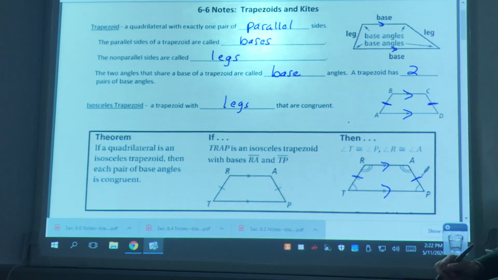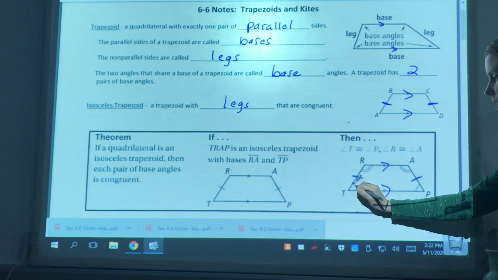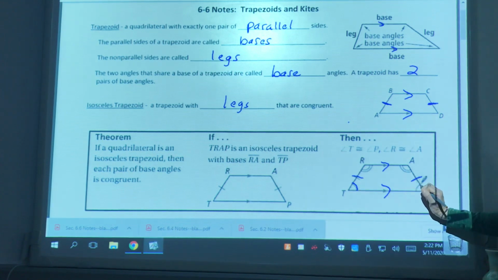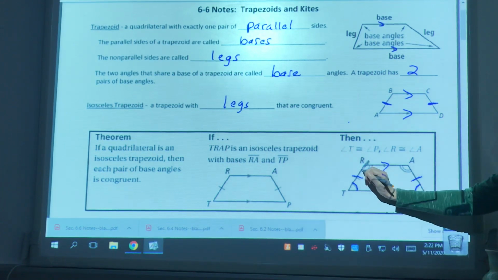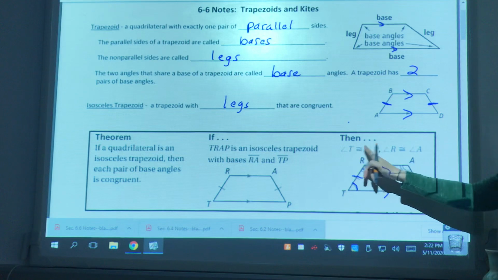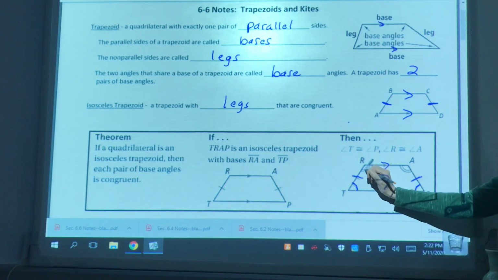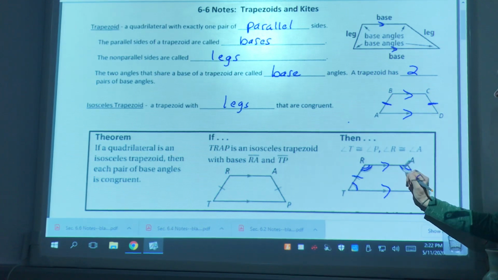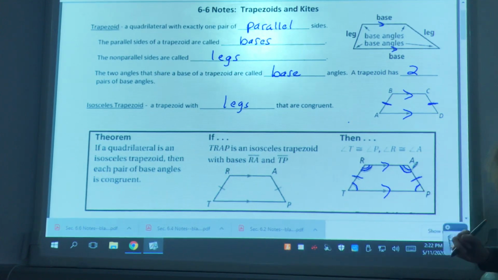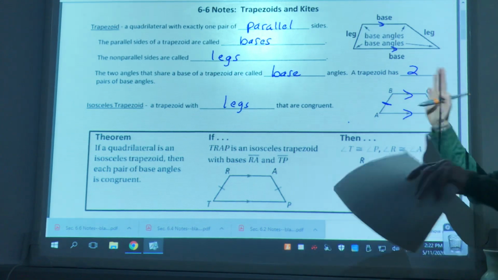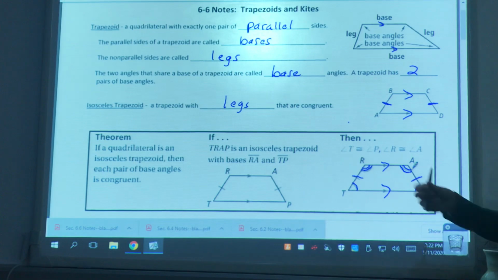I know it's an isosceles trapezoid, so this pair of base angles must be congruent to each other. And I can see that it says angle T is congruent to angle P. And I can see that this pair of base angles must be congruent. So angle A is congruent to angle R. Okay? So that information is going to come in handy when we're dealing with trapezoids.